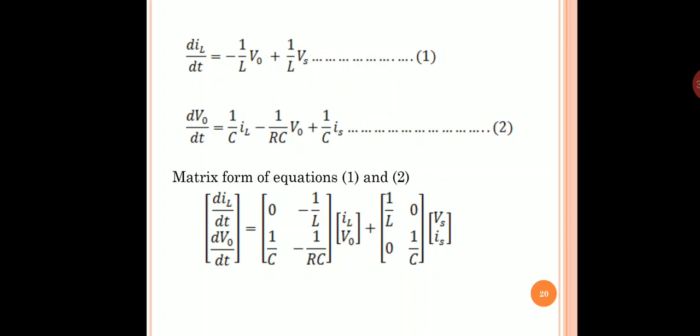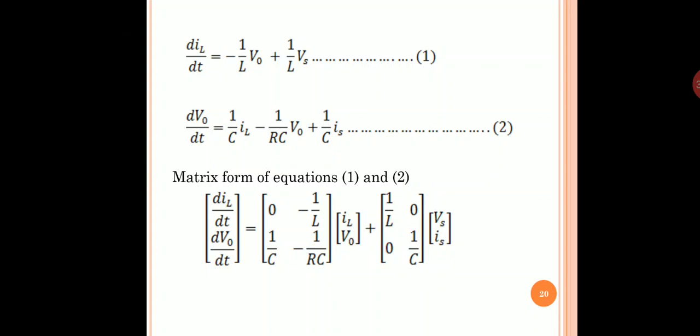In the second equation the coefficient of Vs is 0, and the coefficient of Is is 1 by C. So this completes the state equation. This is the complete state equation.